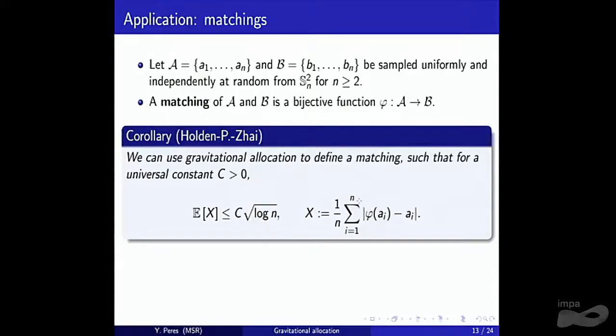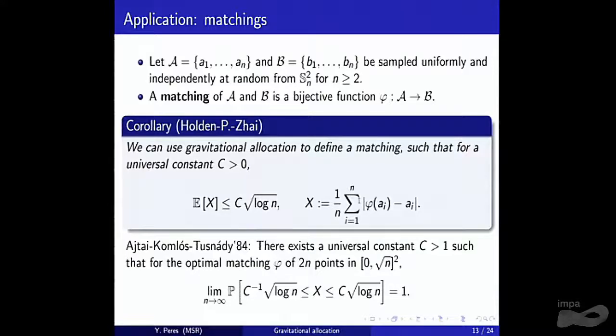What we're going to use it for is to get a matching from red and blue points. We'll have n red points and n blue points uniform on our manifold, so on our sphere. We're going to look for a matching with small distance traveled along the matching, where the expected average distance is of constant order root log n.